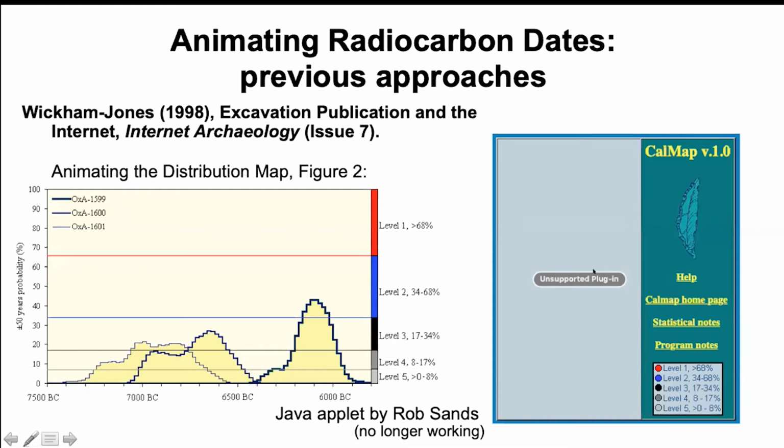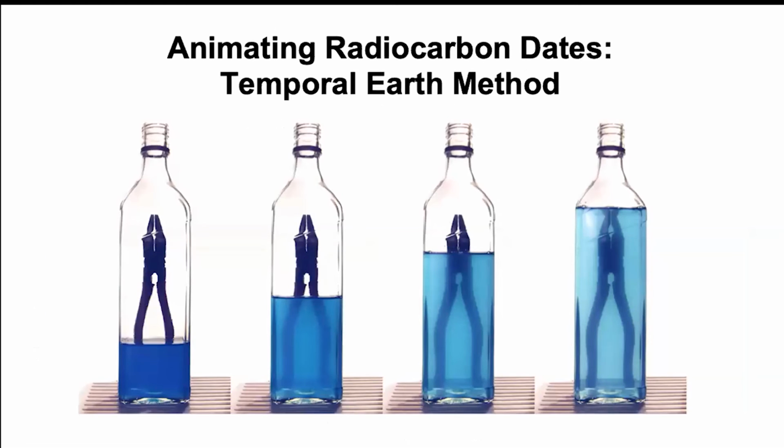And in fact, it's actually stopped working because it's all built as a Java applet. This is my approach, which is to think of an archaeological date as a lump of probability, a probability of 1 in its entirety, or maybe 95% if you're talking about the 95% confidence range.